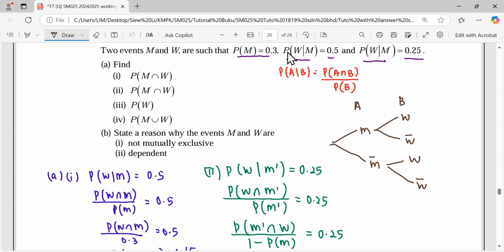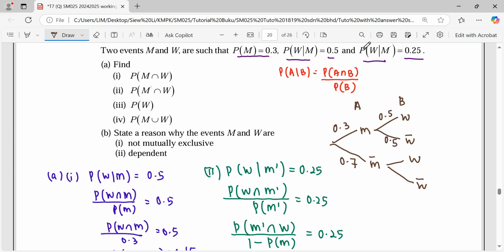After we understand that conditional probability means M happens first: the probability of M is 0.3, not M is 0.7. The probability of W given M is 0.5, so not W is 0.5 also.